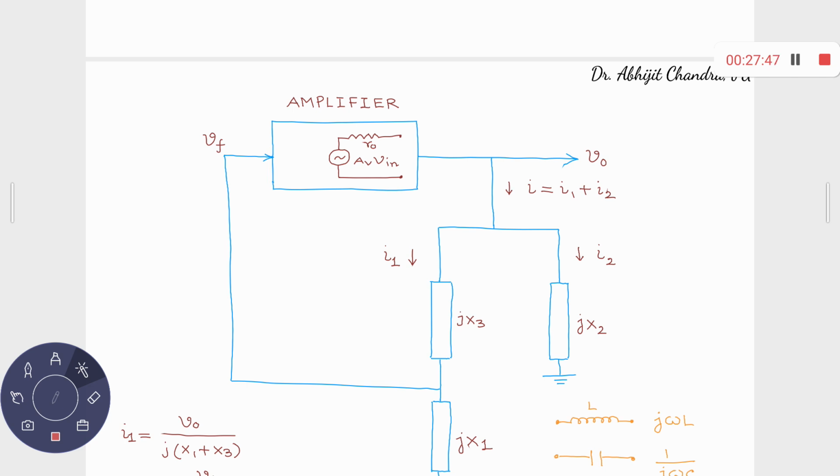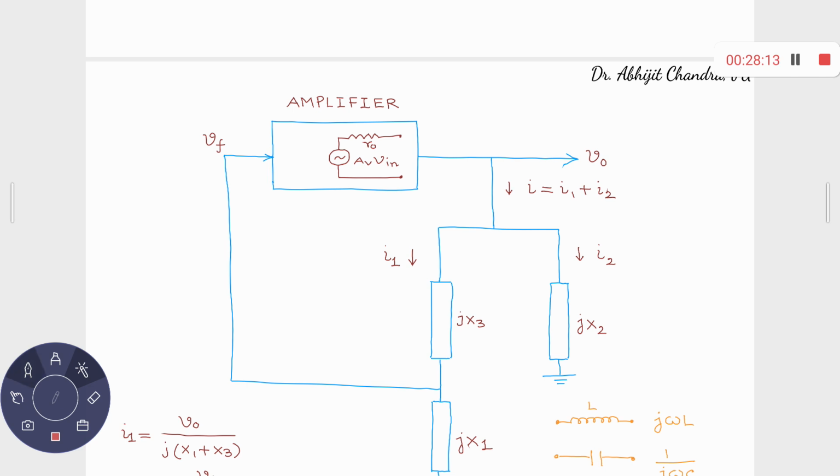What is your loop gain? Loop gain is nothing but this VF upon Vin. Again, you have to establish that this VF must obey the Barkhausen condition. That means whenever the input over here is equal to Vin, and whenever this input is traversing through this, and whenever it is once again coming back over here, you'll be having the same signal.